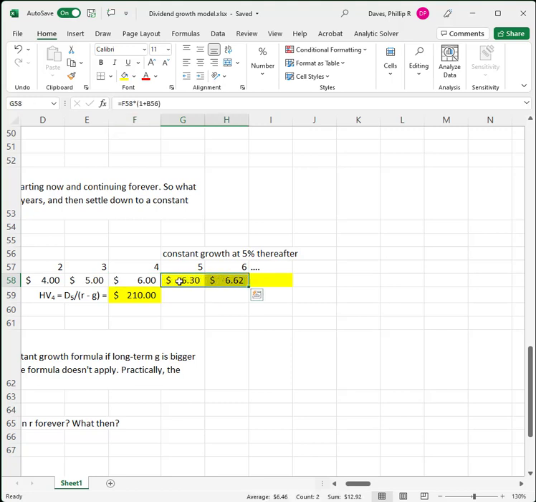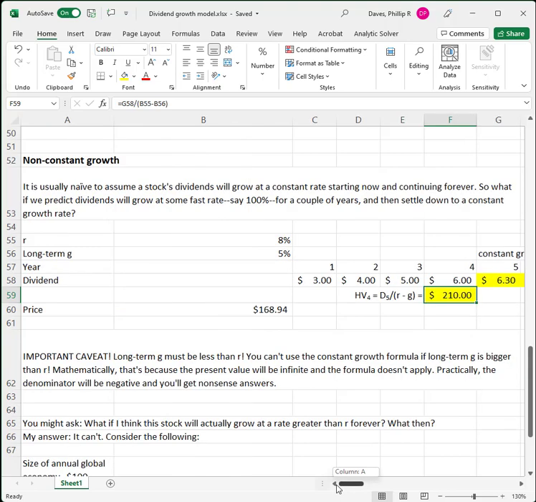So this part in yellow is the constant growth time. This 210 in year 4 is going to be the present value of all of those cash flows when things are growing at a constant growth rate.